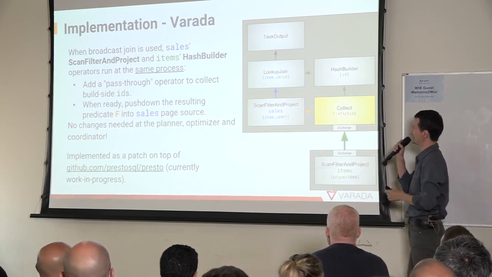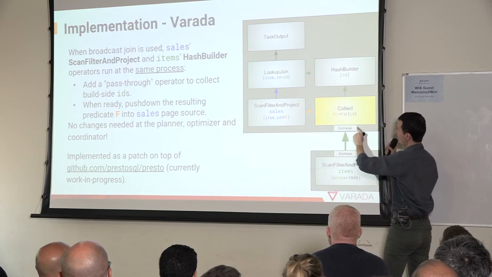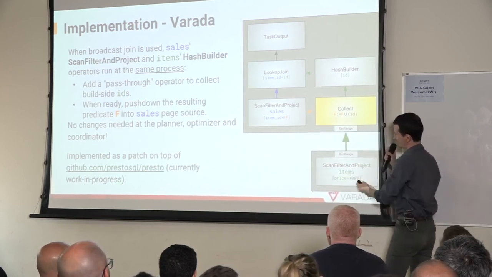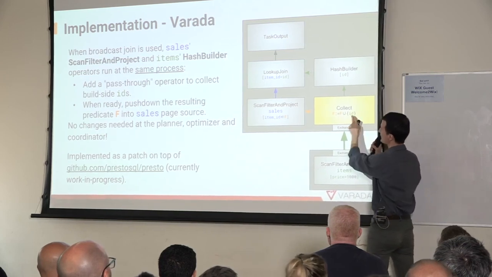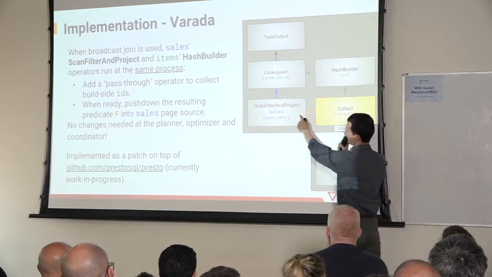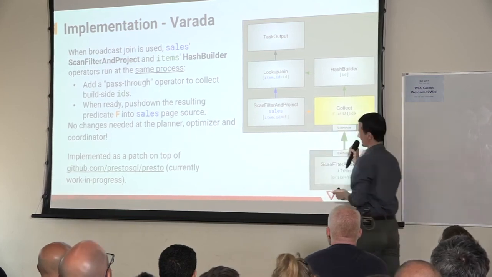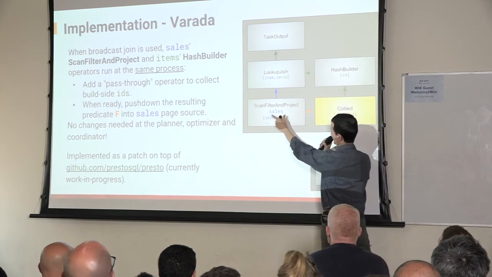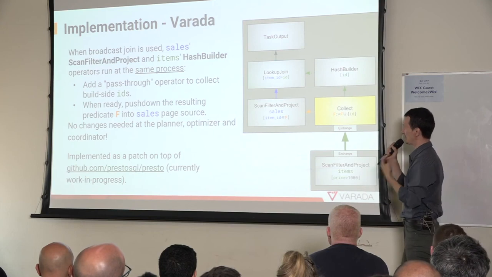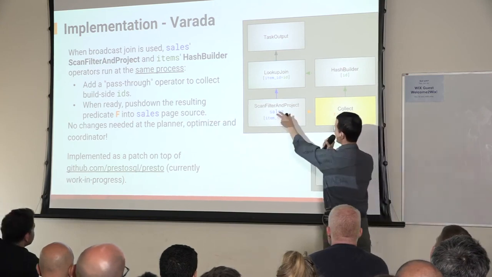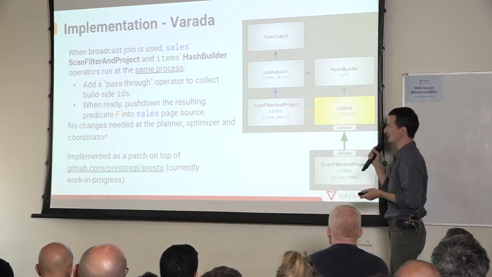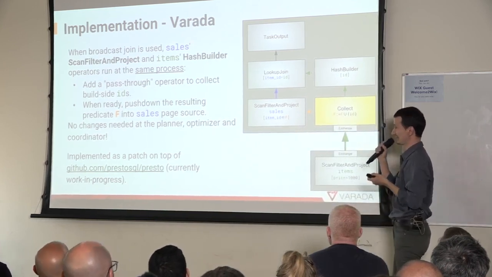So what we did, we added a new operator, which is just a collector. It just collects the IDs that come from the item rows. It constructs a dynamic filter as a tuple domain and applies it dynamically into the scan operator that runs over the sales table, which, because we as the Varada connector implement this very efficiently, if we have the dynamic filter, improves the scan performance significantly.